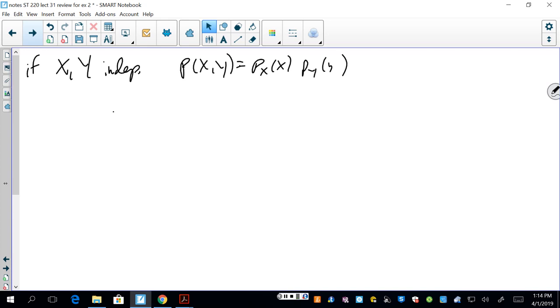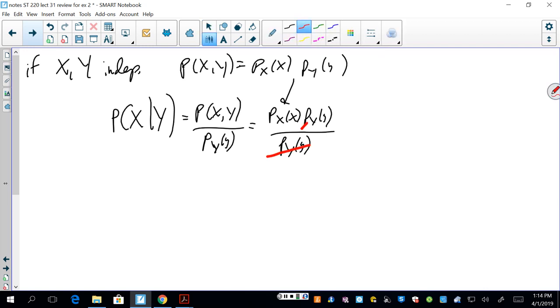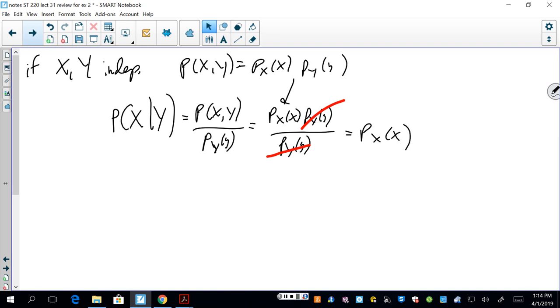As well, for the probability of x given a certain value of y, the conditional probability: if they're independent, then the numerator splits into the two pieces, and the y parts cancel out, and you're just left with the x parts. So independent means that whatever you know about y doesn't change your x probabilities.